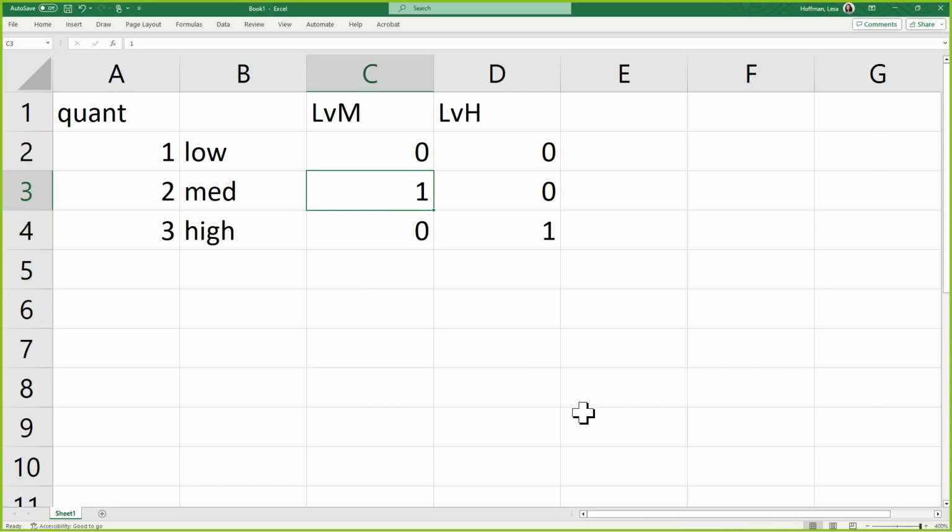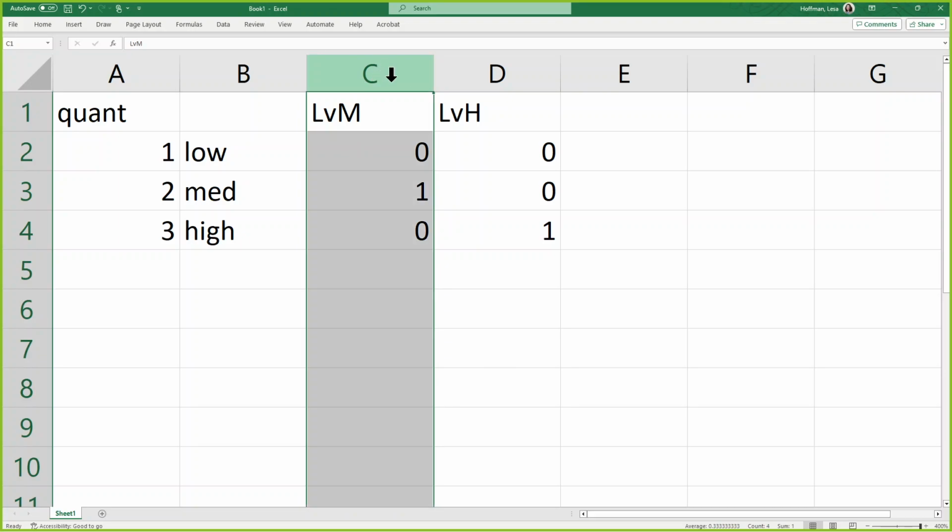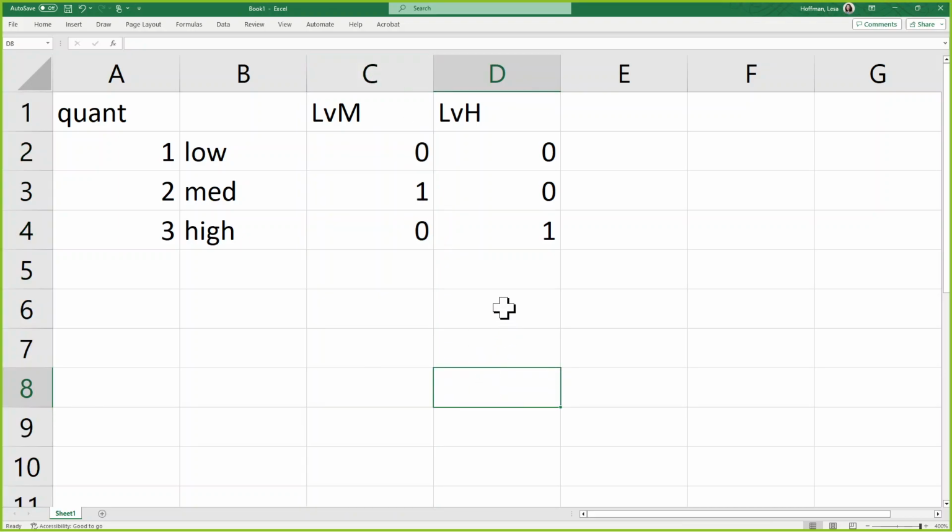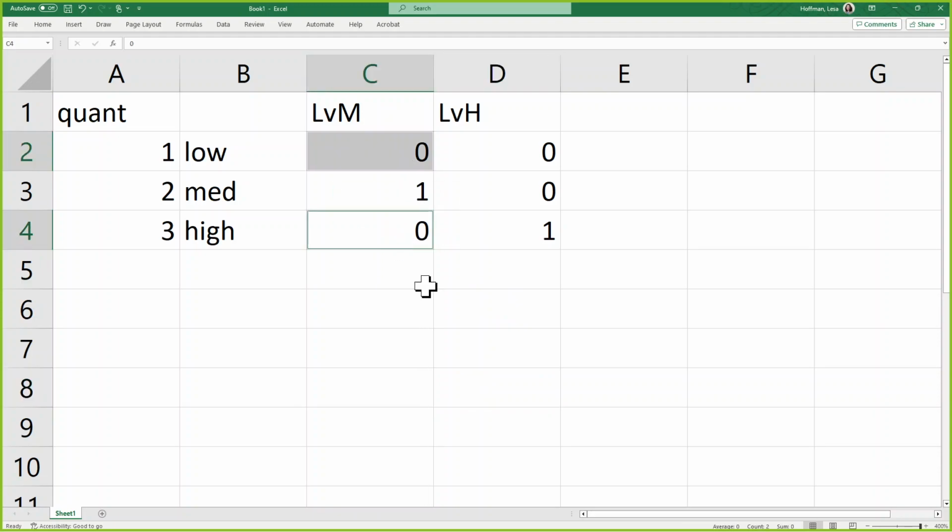Well, I still am comparing medium as one point, but I'm comparing it against both. So it would be the average of low and high versus medium if this were the only variable in the story. So functionally speaking, what happens is these two being 0, the second variable steps in to differentiate those two.